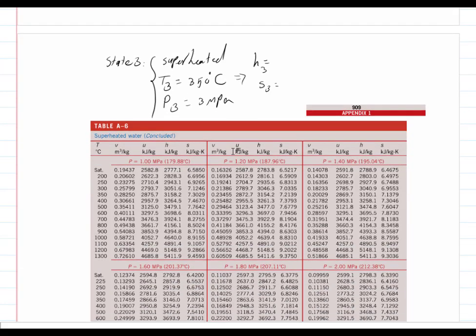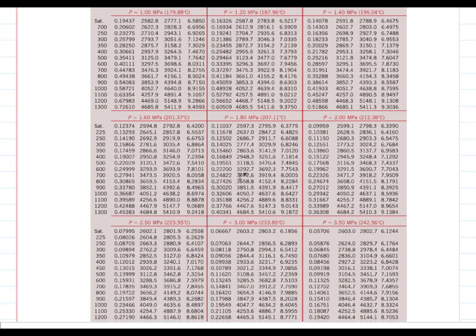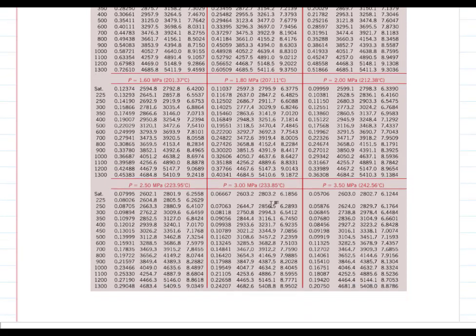Here, as you notice, we have the temperature 300 and above, but the pressure is not 3 megapascal. Let's find the 3 megapascal pressure here. Okay, it is here. This column is for the 3 megapascal pressure, and if you look at the left side, you can see the temperature here. So here temperature is 350 and the pressure is 3 megapascal.